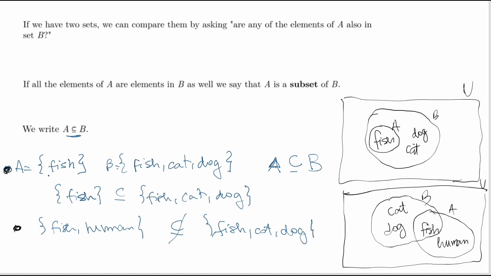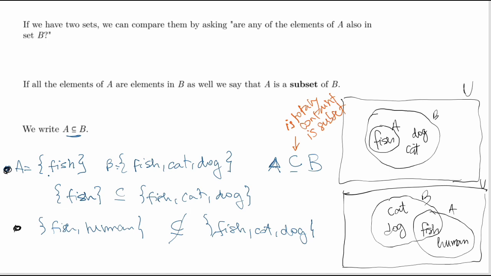So just to clarify one thing, I want to go back a little bit on the notation and say when we are comparing sets, this is totally contained or is a subset. You can read it both ways.